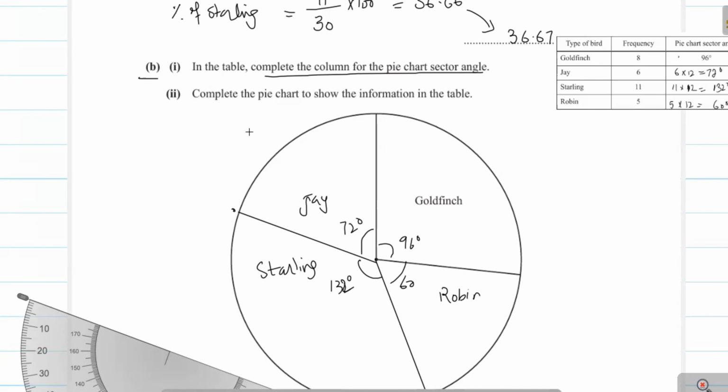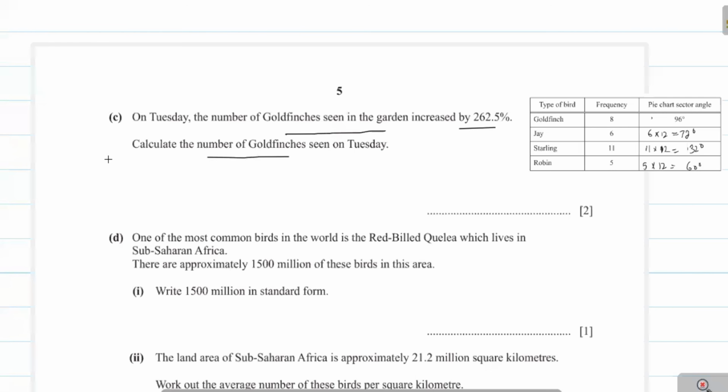Now we move to the next part of the question. Part C, on Tuesday, the number of goldfinches seen in the garden increased by 262.5%. Calculate the number of finches seen on Tuesday. Now the number of finches on Tuesday will be equal to original value plus increased value. Now you see here the original value is 8.